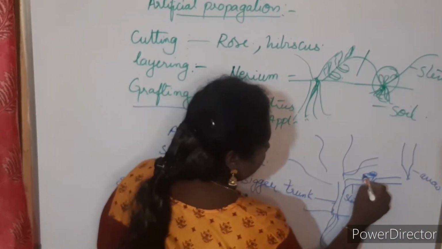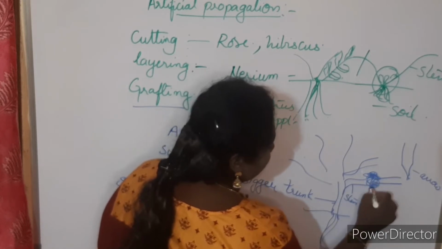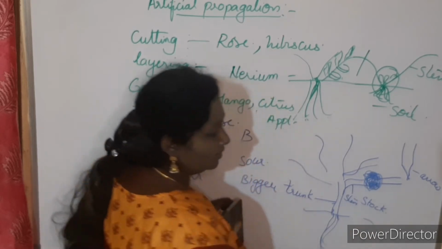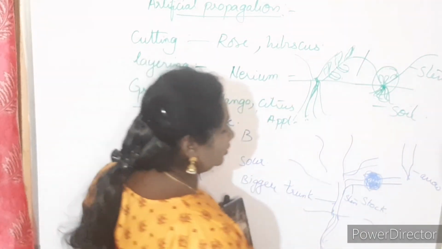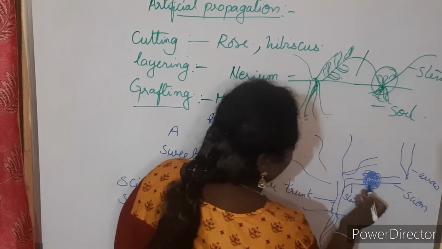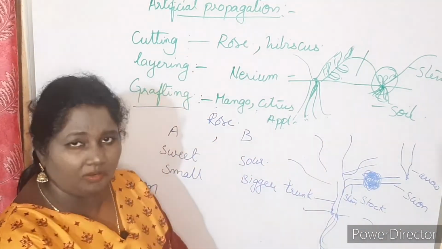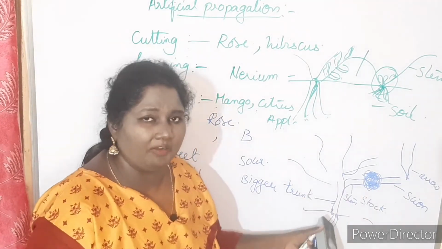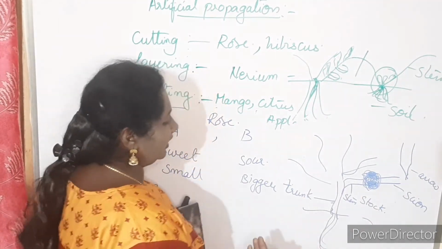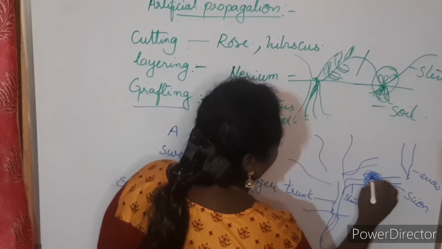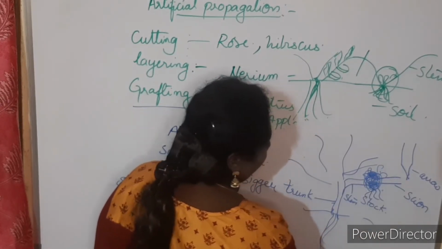Some mud is poured on this area, and with a polythene bag and a wire it has to be bound. So this is the scion. After binding with a wire or a small thread rope, now and then the farmer has to sprinkle water. After a few days, if you see, new roots arise from here and new leaflets also arise.